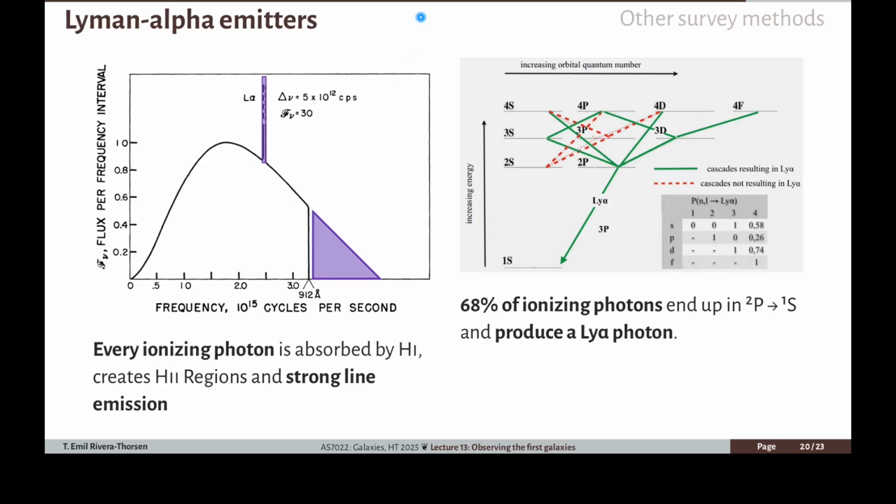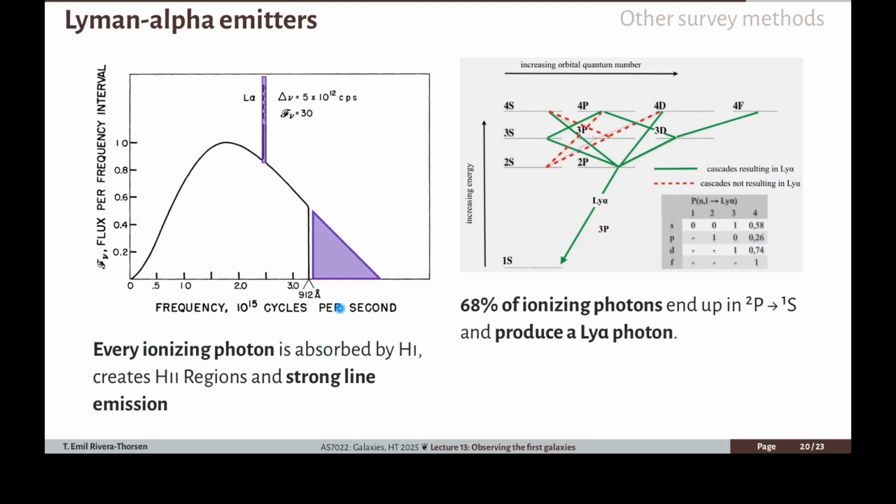If you look at a galaxy, or rather a simplified toy model of a galaxy that has a bunch of really hot stars in the center, and then an envelope of neutral hydrogen surrounding it, then every ionizing photon is absorbed by a hydrogen atom and it is ionized, and that creates an H II region, and it creates some strong line emission.